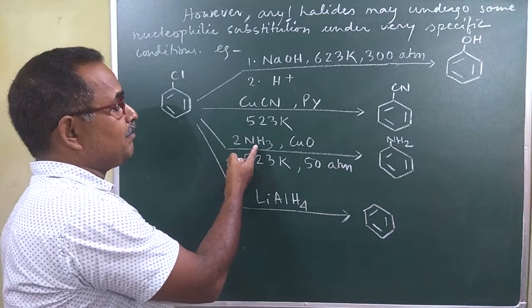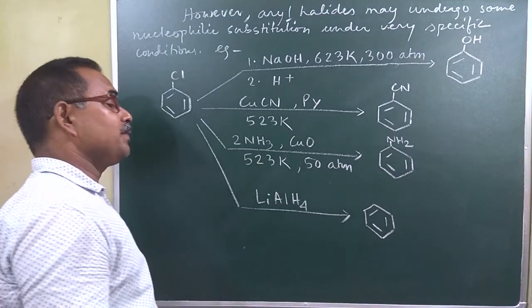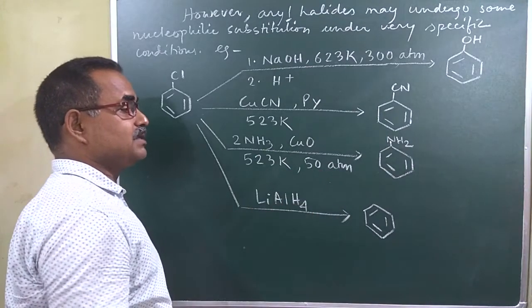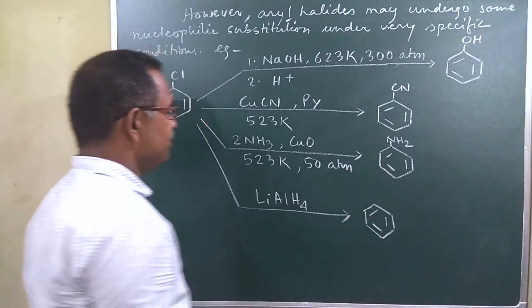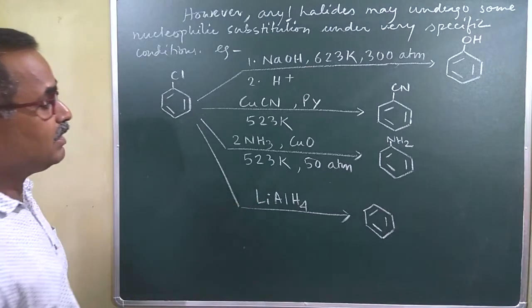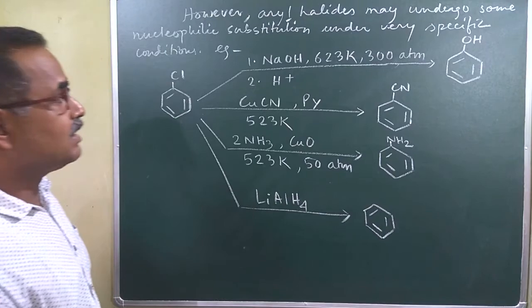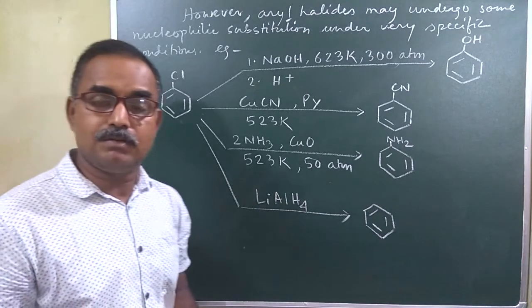Chlorobenzene treated with ammonia in presence of cupric oxide catalyst at 523 Kelvin and 50 atm pressure gives aniline. Chlorobenzene treated with lithium aluminium hydride gives benzene. All these are nucleophilic substitution reactions of chlorobenzene.